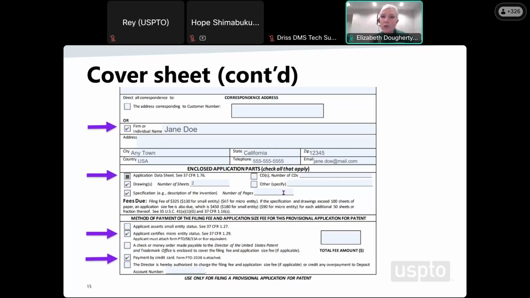So please let us know what you are including as part of your application. The application data sheet, if using one, the drawings, the specification, any other things, including the number of pages of your specification. And then also identifying the method of payment of your filing fee and if there is an application size fee being required.